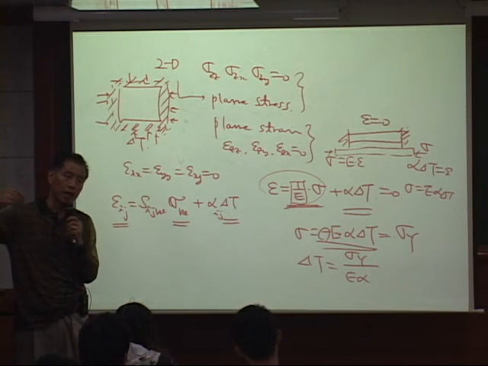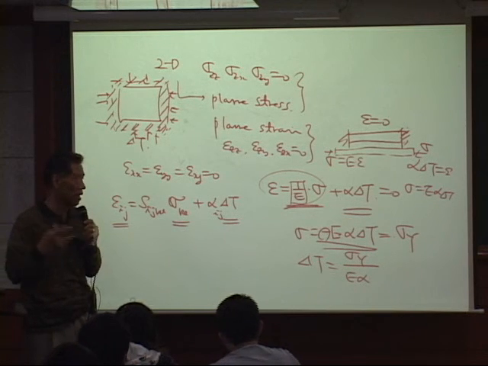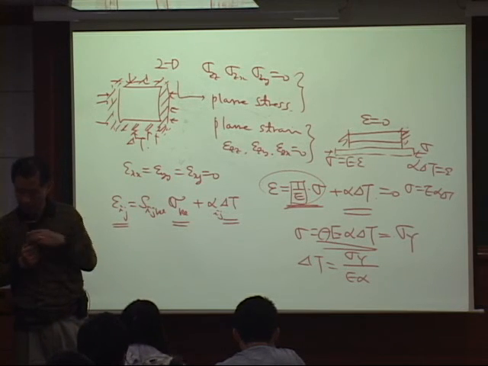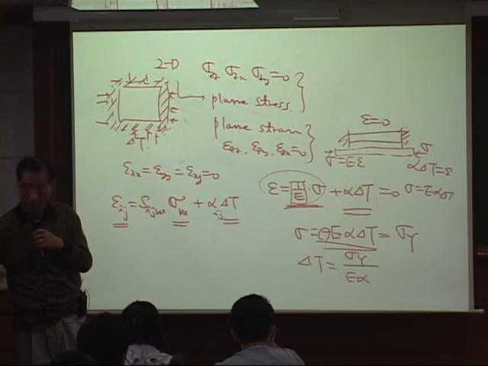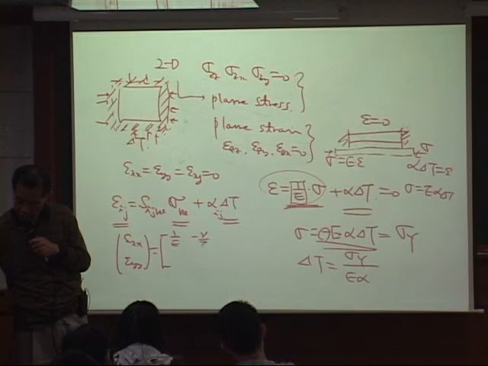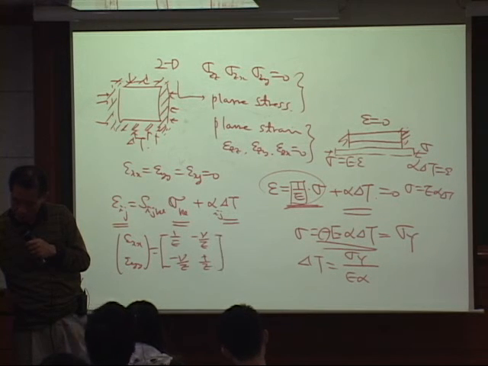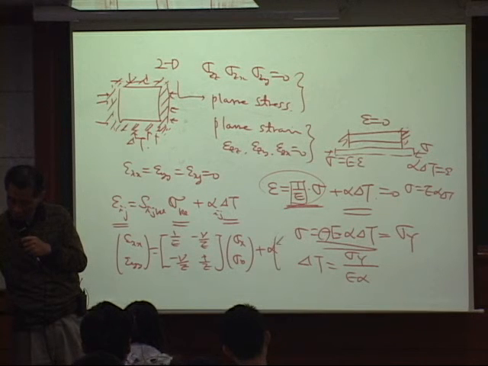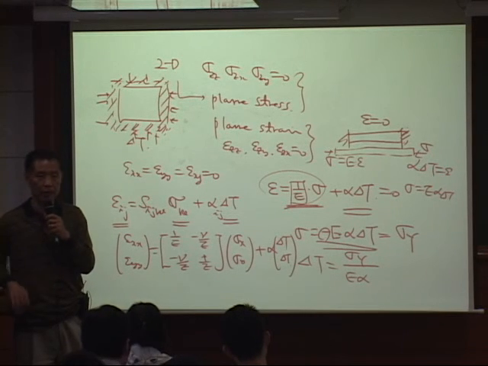Well, this is a one-dimensional case. You can have the same type of questions in the two-dimensional case. Let's say you apply delta T, and let's calculate the strain, epsilon xx, epsilon yy, and we have 1 over E times the matrix with 1, minus Poisson's ratio, minus Poisson's ratio, and 1, times sigma x, sigma y, plus alpha delta T, alpha delta T. Like that.